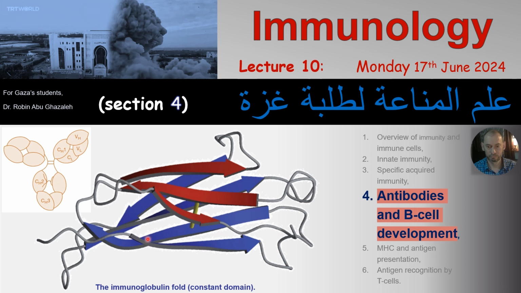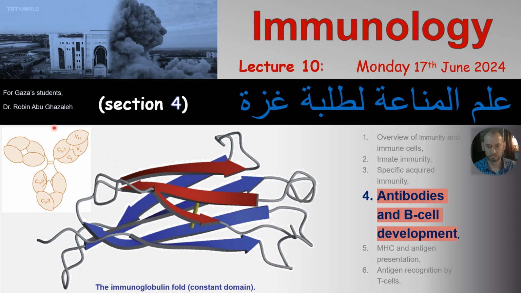So this is a stable structure, and this immunoglobulin fold is the basis of all of these domains. Some variability happens in the exact structure and location of these loops, but this folding pattern is conserved amongst the domains in antibodies.